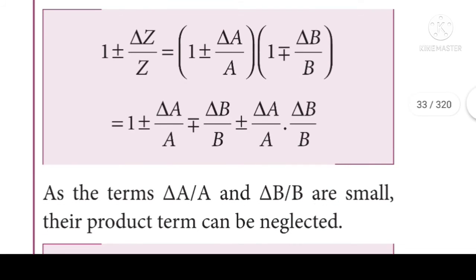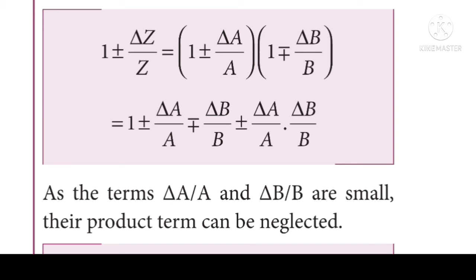Next we are going to simplify the right hand side. We will get 1 plus or minus del A by A minus or plus del B by B plus or minus del A by A dot del B by B. As I said earlier, we know that the terms del A by A and del B by B are very small, so the product term can be neglected.